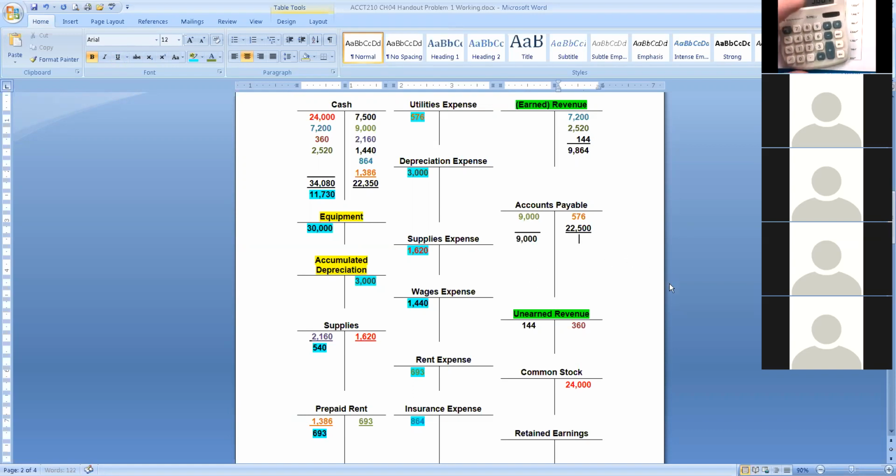Over here we have 23,076. And we're going to subtract those two. The biggest side always wins. $14,076.